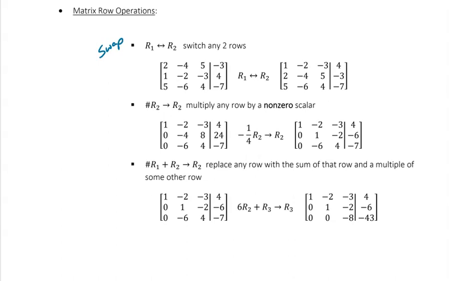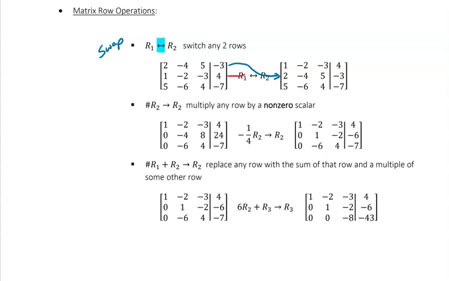You can literally just swap any 2 rows. This double-sided arrow is your indication that it's swap. So in this case, it just means swap row 1 with row 2. So whatever row 1 had in it, in our new matrix, that's going to be what row 2 is.